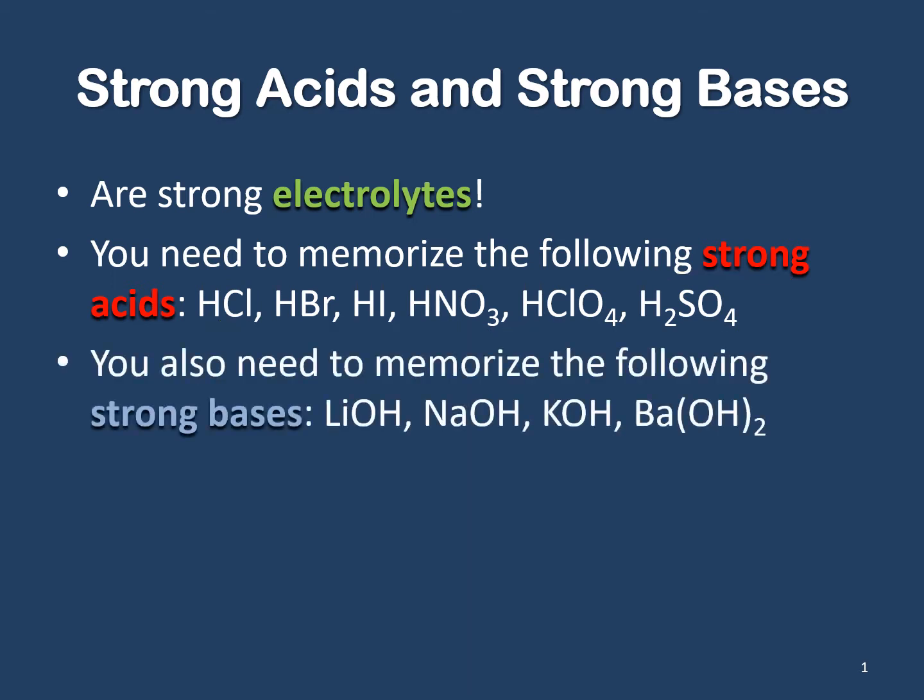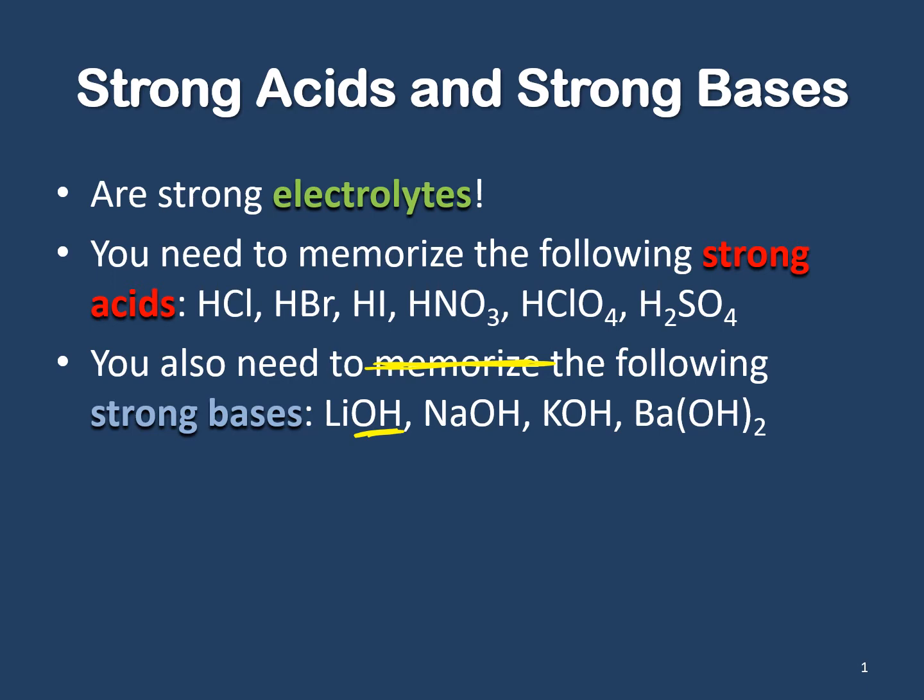So we also need to memorize, I really kind of should just scratch this out. Memorize is a strong word. These are the 4 strong bases that I will use. There are more of them. Basically, the deal here with strong bases is they contain hydroxide and they're soluble ionic compounds. Technically, any soluble ionic compound that contains OH- is a strong base.